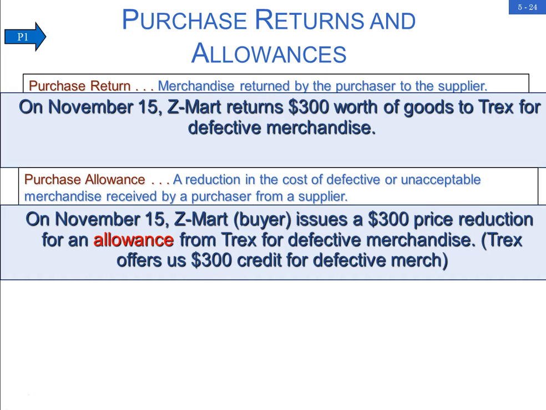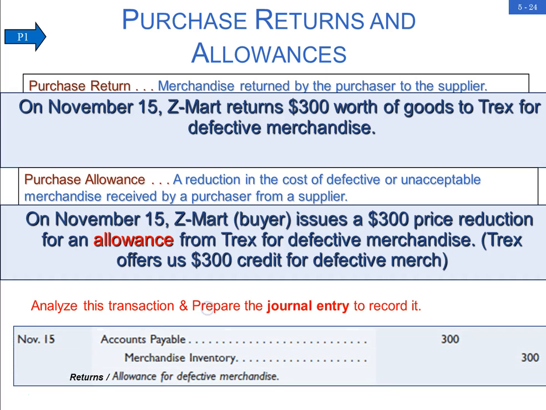Well, we're going to reduce the amount we owe. That's the accounts payable. We'll be debiting it by $300. And of course, our merchandise inventory has decreased in cost by $300. So we will reduce that asset account by $300. Again, our inventory has cost us $300 less. Now in the purchase returns example, we've actually shipped them physical goods back.